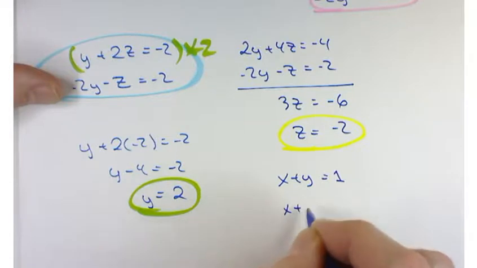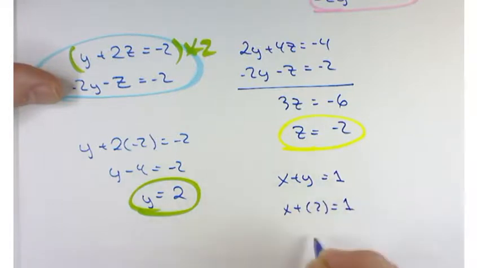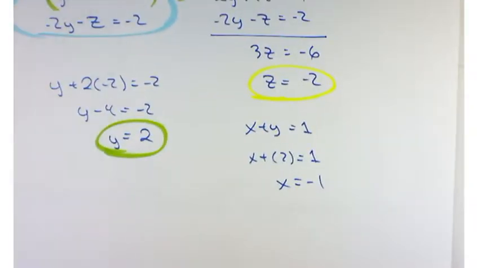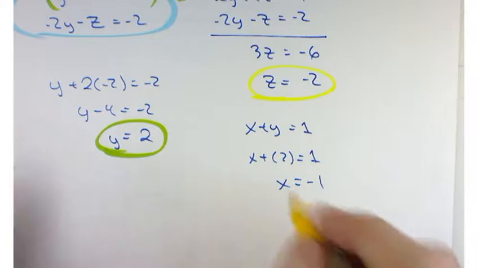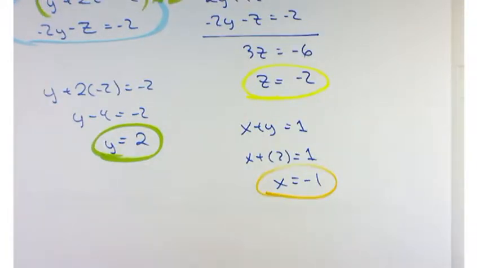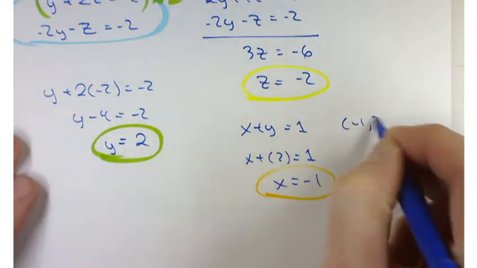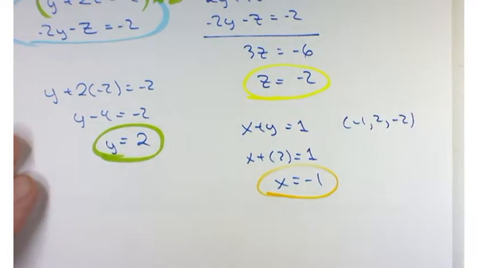That's x plus 2 equals 1. So x equals -1. And that's it. We're done. You've got x, y, and z. Or in the book, you'd see it listed like this: -1, 2, and -2.